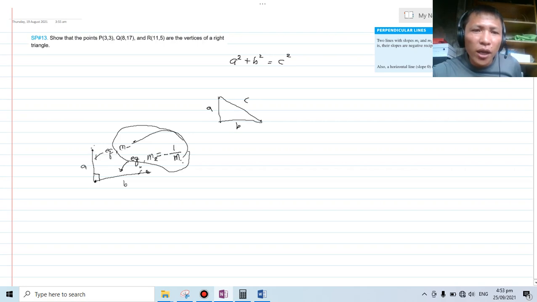If a squared plus b squared equals c squared, then I also showed that the three points are points of a right triangle. Those are the two solutions that I'm going to present.